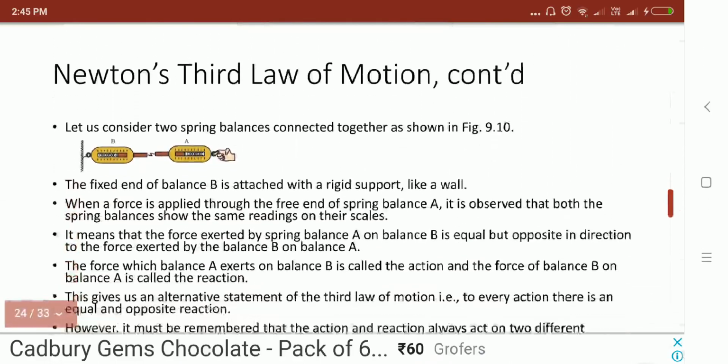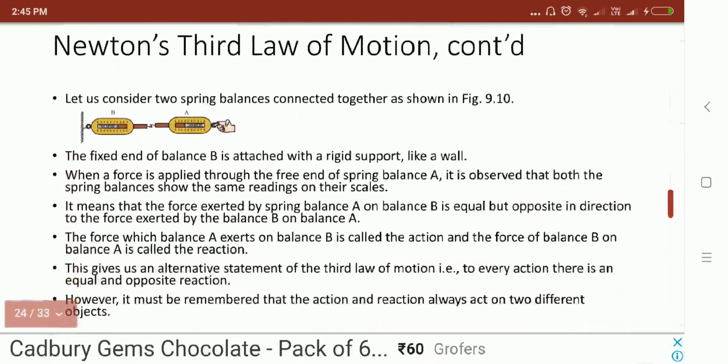We can also define that with this example. Two spring balances are connected together. One end of the spring balance B is attached to a rigid support, for example a wall. When a force is applied through the free end of spring balance A, we can observe that the spring balances show the same reading on their scales.